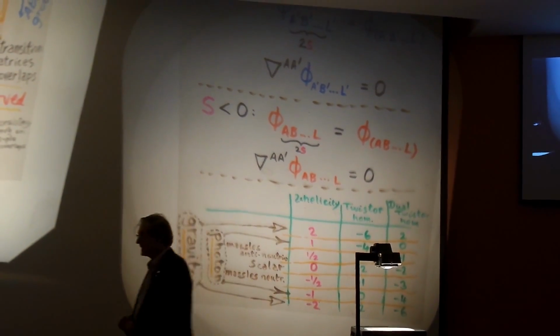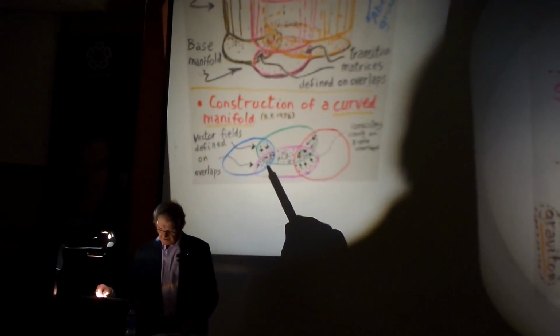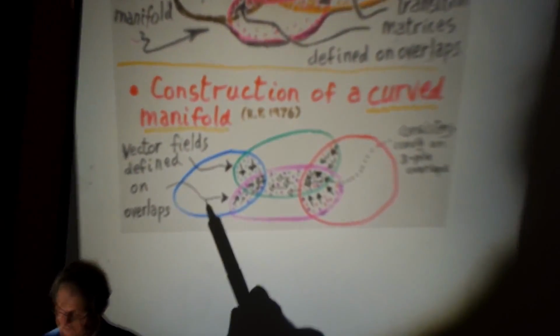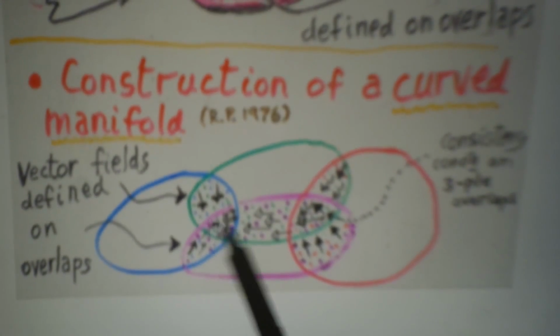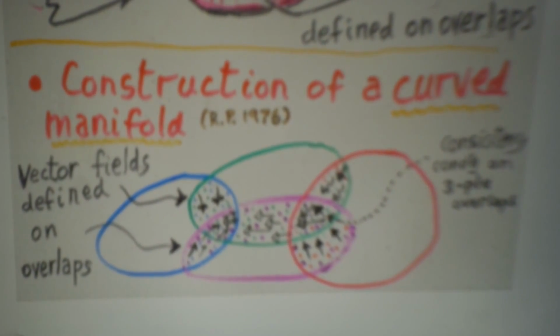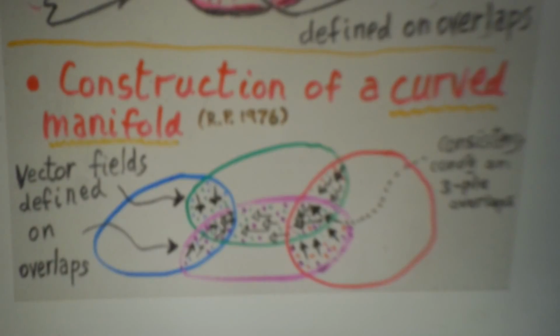That function will give you a vector field, and that vector field will tell you how to infinitesimally form this pattern. And then you have a triple overlap. It's easiest if you just talk about 2 patches, so it's even simpler than you're asking about.